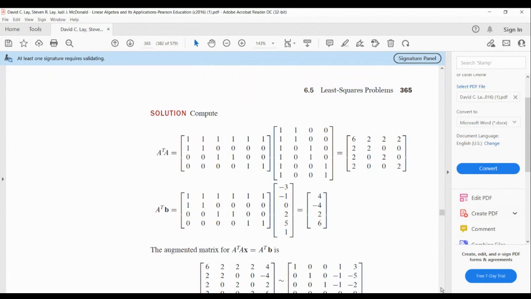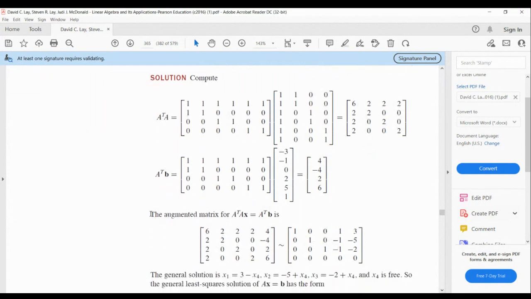And then once we get that, we'll have the augmented matrix for A transpose A times X equals A transpose B. And we can row reduce that matrix and solve for the least squares solution. Okay, so you can't use that inverse formula, but you can still solve for the least squares solution.